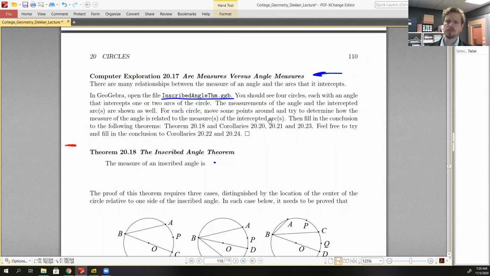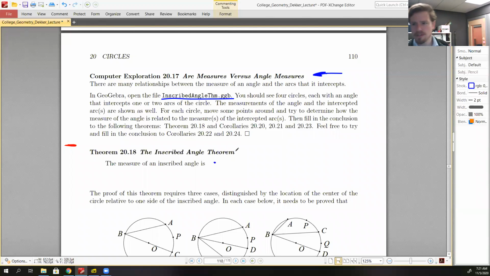So what you want to do is consider the collection of circles and angles that are given in this file and consider each of the situations below. Read through these, follow the directions, and, as it asks you to do, fill in the conclusions to the following theorems.